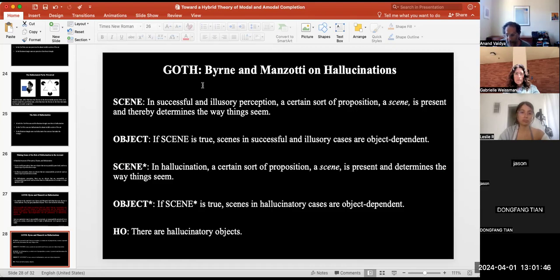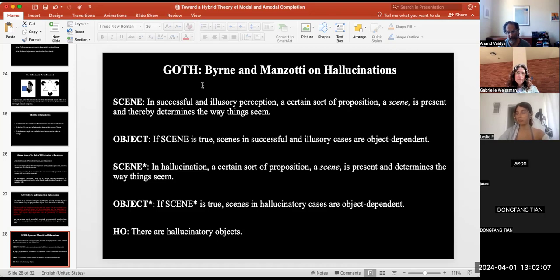That seen is present and thereby determines the way things seem to me. Object: if seen is true, scenes in successful and illusory cases are object dependent. There's a particular head of Gabriella, a particular pillar, and a particular wall with a particular array of bricks.